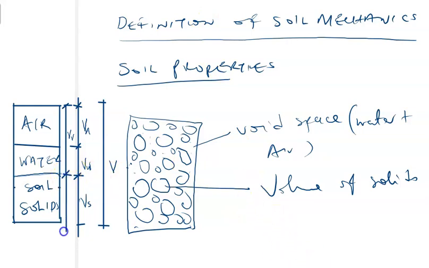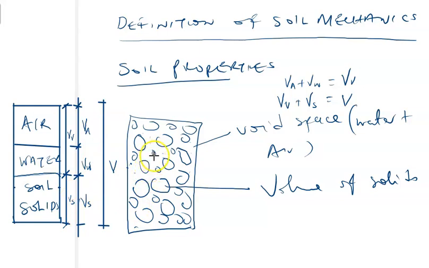This portion is taken over by volume of solid, so this is still VS. We already established that VA plus VW is equal to VV, and VV plus VS is equal to V. So these are the basic relationships we can establish.